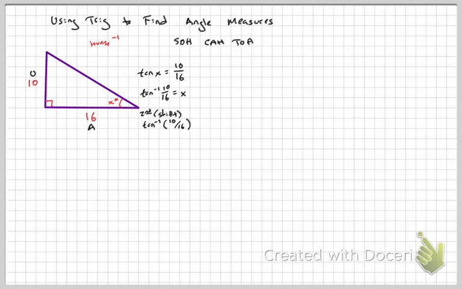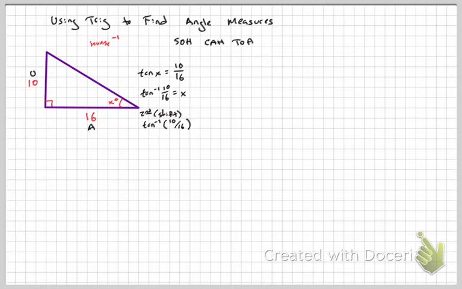The reason why, guys, is because if you don't do that, it might do the inverse tangent of 10, which would probably give you an error in your calculator, and then it might divide that by 16. It's just always safe to put the fraction in parentheses, okay?